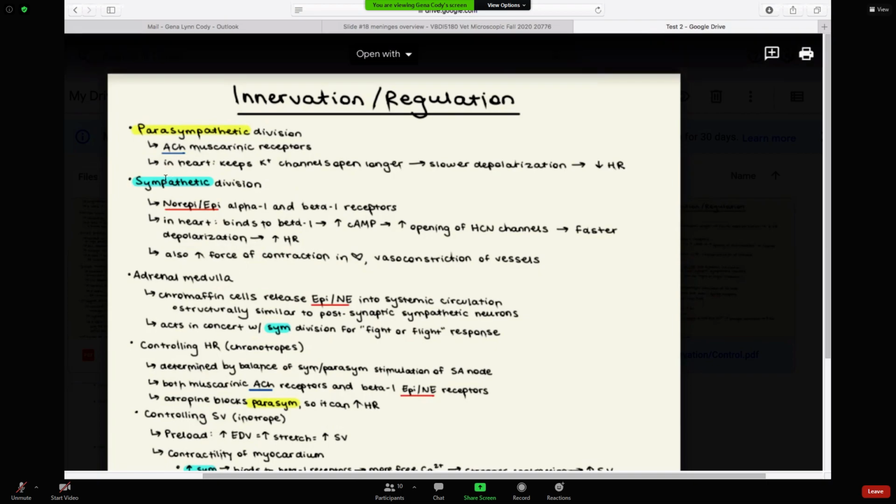So overall takeaway, sympathetic speeds it up and parasympathetic slows it down. I know he's going to ask about the actual hormones, so just make sure you're aware of those.